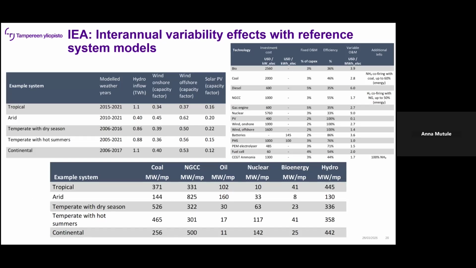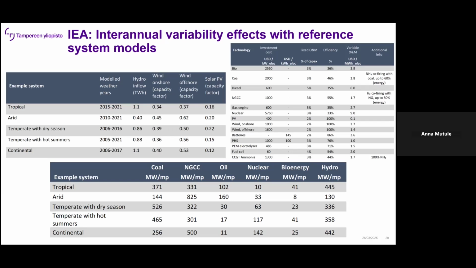This slide summarizes the key numerical results from the modeled example systems under the shared assumptions. Across all climate zones, variable renewables account for 70 to 90% of annual electricity generation. The remaining demand is mostly met by hydropower and thermal power plants, which also play a crucial role in providing flexibility, especially at longer timescales.